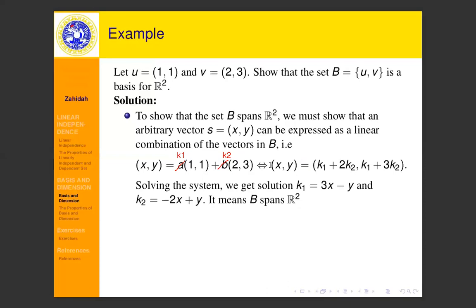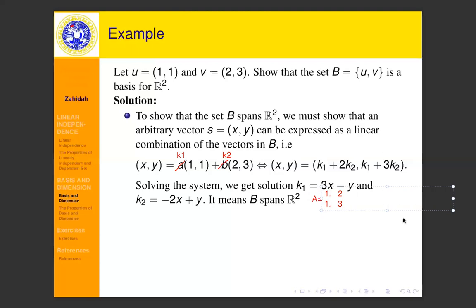From this equation, we have the system k1 plus 2k2. So what is our matrix A here? Our matrix A, the first row is 1 and 2, right? And then the second row, we have 1, 3.